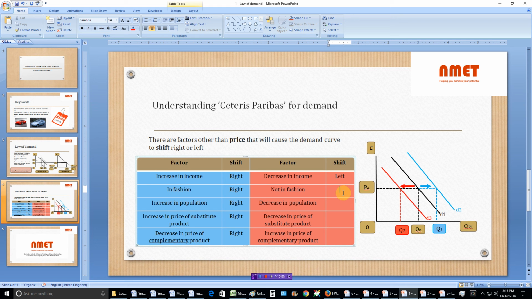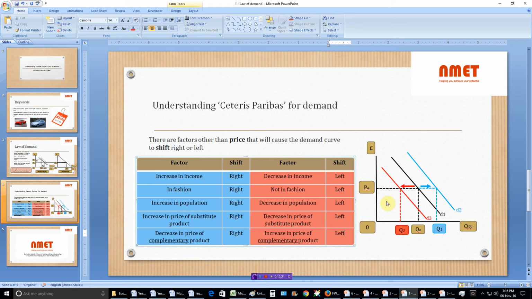To the left. Decrease in population? To the left. Decrease in price of a substitute product? To the left as well. An increase in price of a complementary product? That wouldn't work out. It'll go to the left as well.